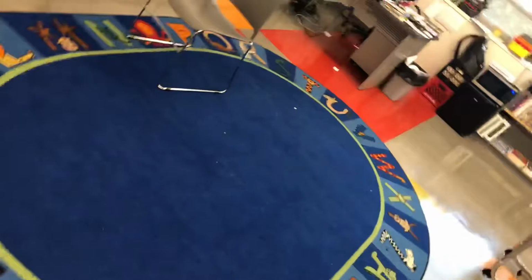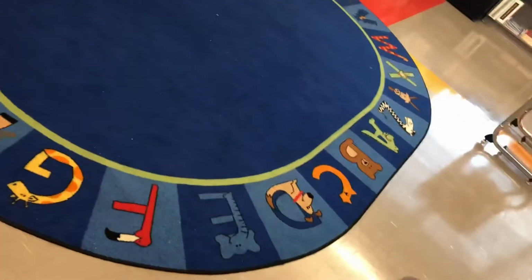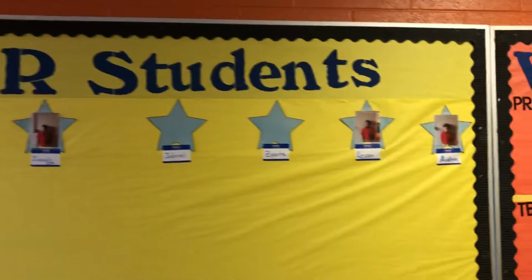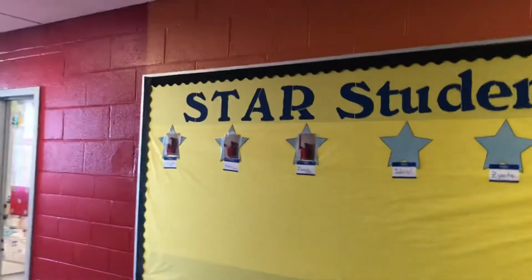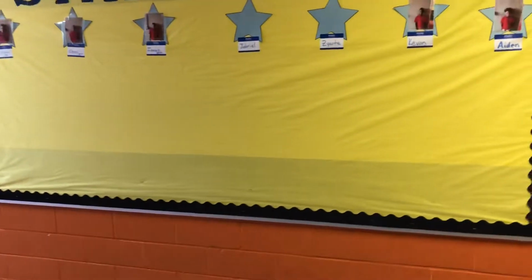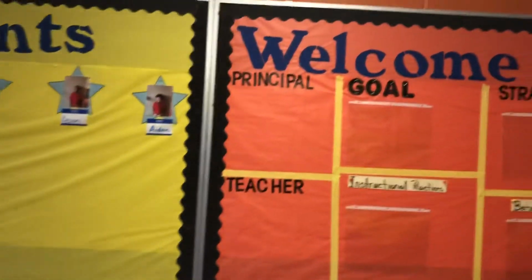And last but not least, I have an area where we do our morning meeting. And of course, I have an area where their work is displayed outside. This particular area is called Star Student, where you have their work listed monthly, and I have an objective there to match it.